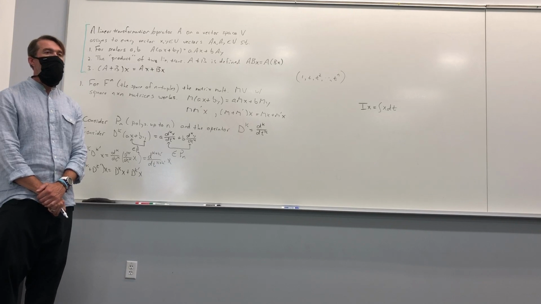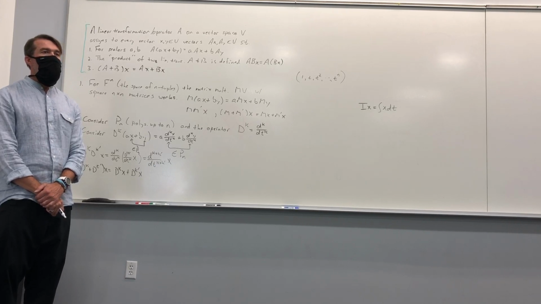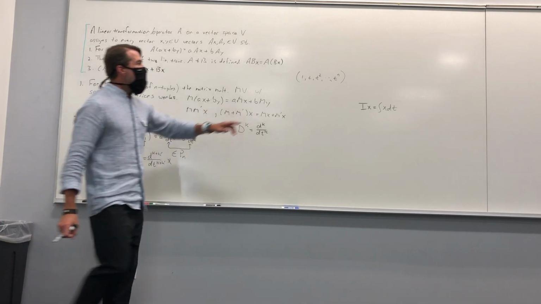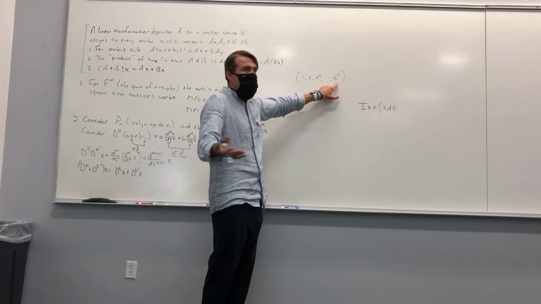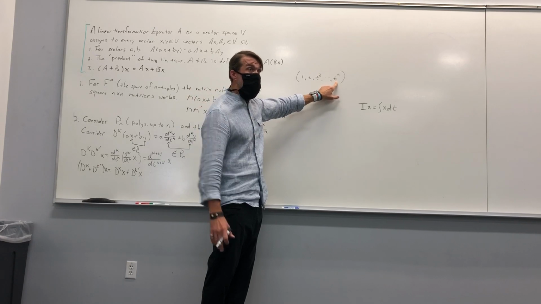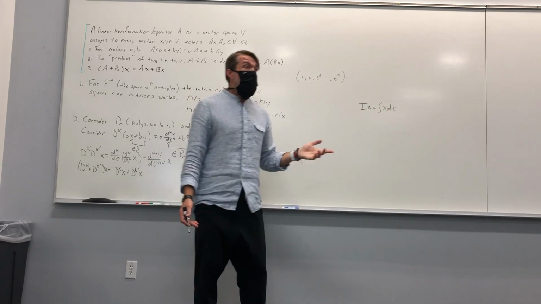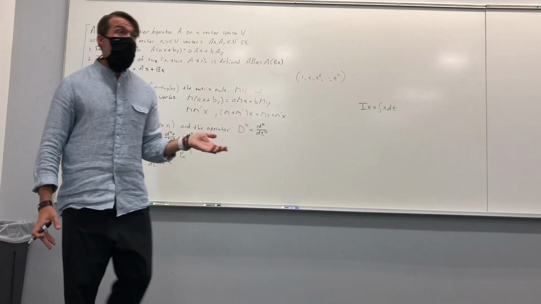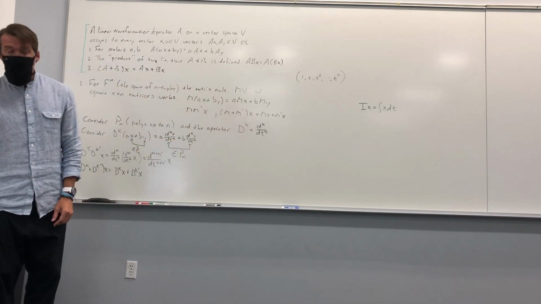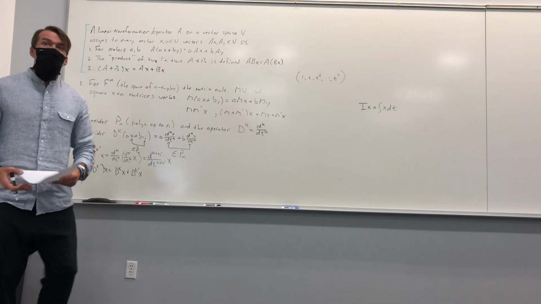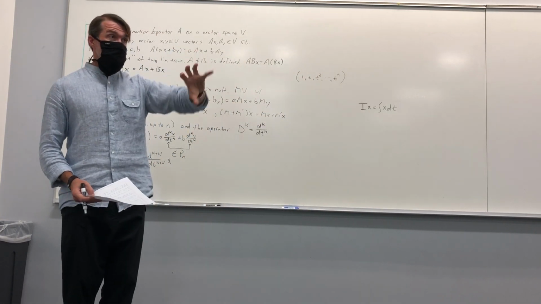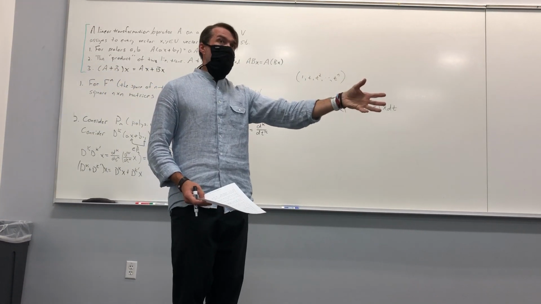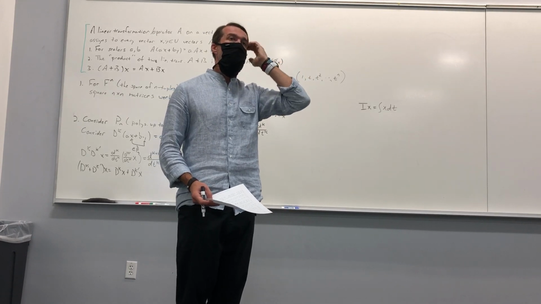No. Why? Exactly. If you put in the highest power of t allowed, say this is P3, so that you could have things up to t cubed, well, the integral of t cubed is proportional to t to the fourth, which is not part of the vector space. Okay? So again, the linear transformation is not mapping between different spaces. It's taking vectors in a space and mapping them to vectors in the space.